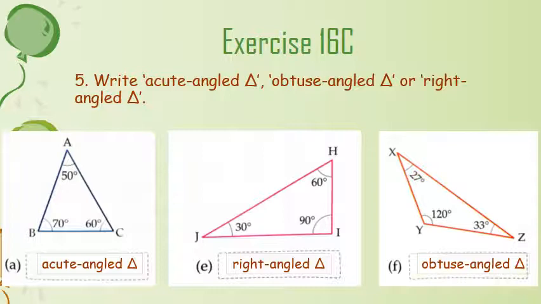I hope, children, that all the questions of this exercise are well understood by all of you, and also you have learned very well what is a triangle and the different types of triangle based on their sides as well as on their angles. So now let's move to the home assignment.